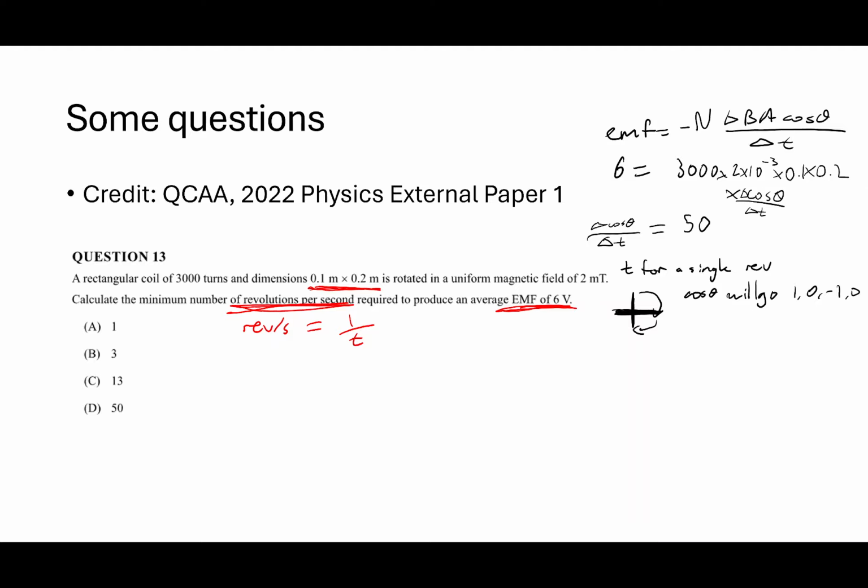But if we just go from 1 to 1 again, it's not really useful, right? So let's go from 1 to 0. So consider a quarter turn. And we're assuming that the rate of rotation is constant.